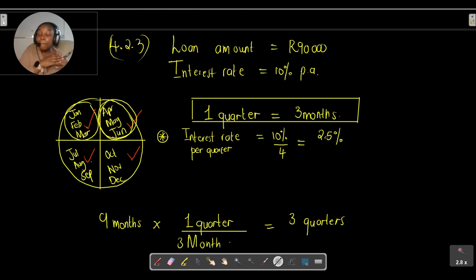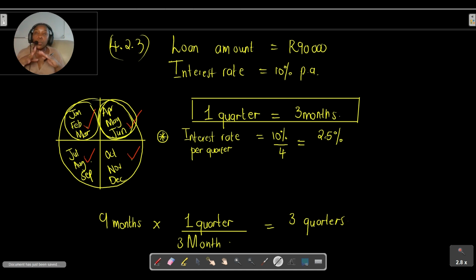But when you're dealing with compound interest, interest is added on the accumulated amount. So if we've calculated the interest for the first year, to calculate the interest for the second year, we need to add that interest that you were charged in the first year to calculate the new interest for the second year. So interest is calculated on the accumulated amount.